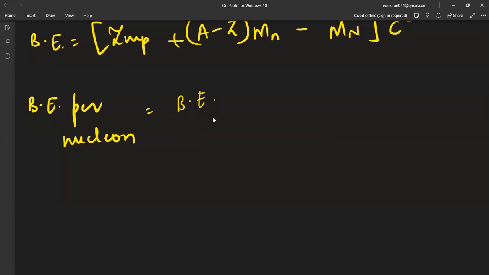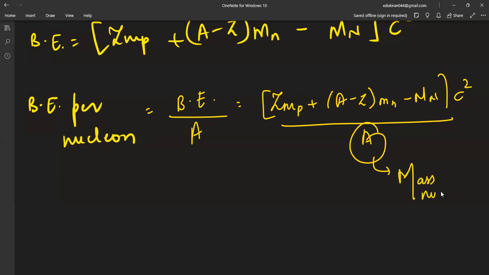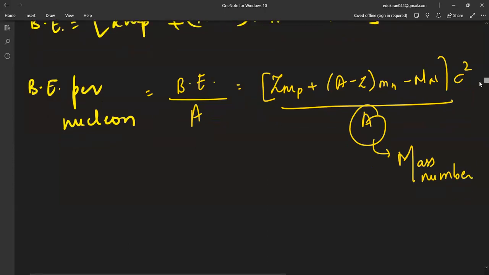Nucleon means, so you will take the mass number. So binding energy per nucleon is (Z Mp plus (A minus Z) Mn minus M) into C square divided by A. Here A is the mass number.